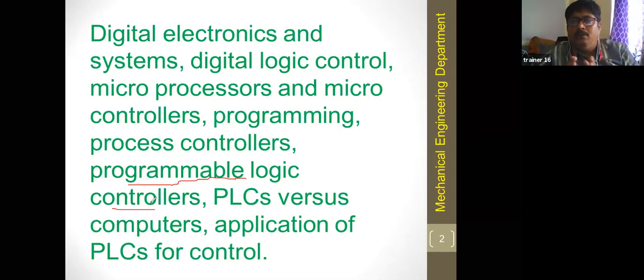This programmable logic controller is used to write a program, for example, for a hydraulic actuation system or pneumatic actuation system. Similarly, this PLC is linked with hydraulic and pneumatic.